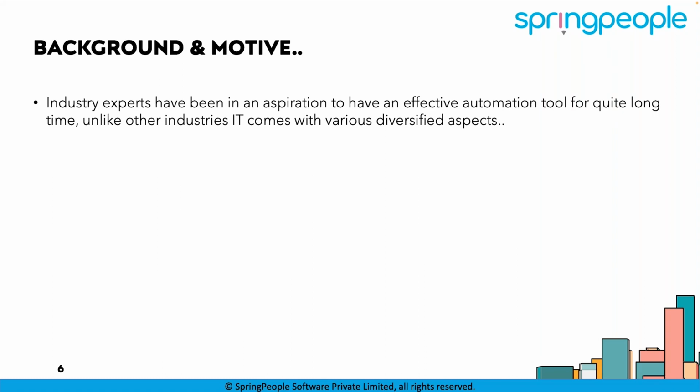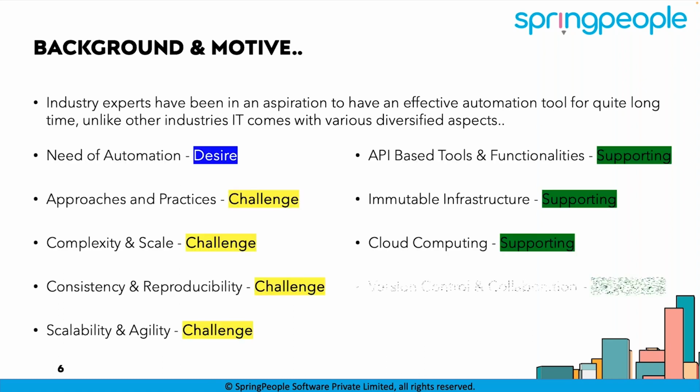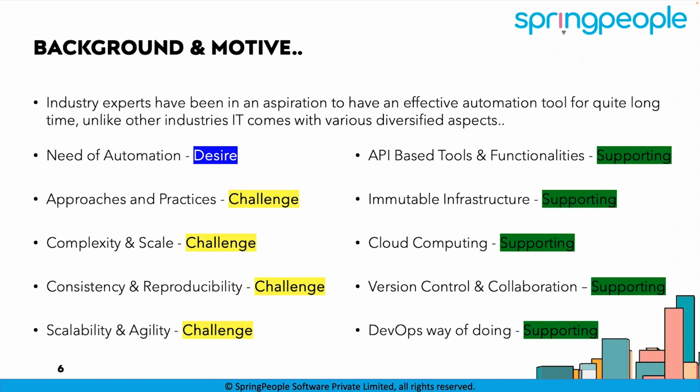So, experts have been having a desire to find something which is automation. The need for automation is always there, right from manufacturing the car, right from chopping the vegetable at home. Automation is something we desire.